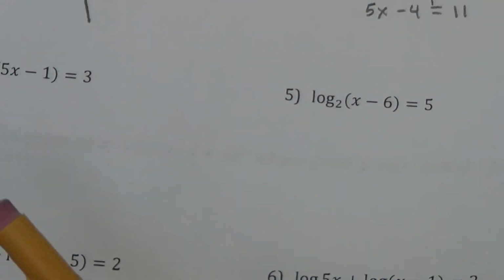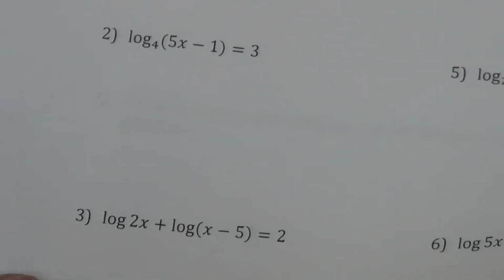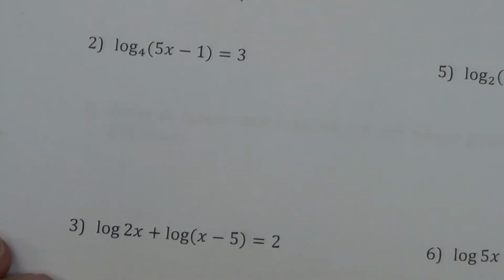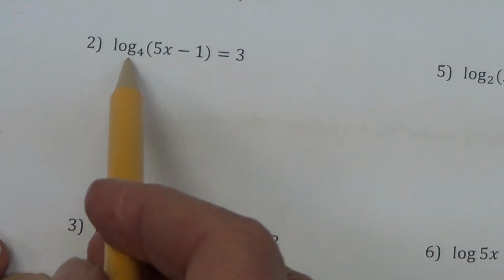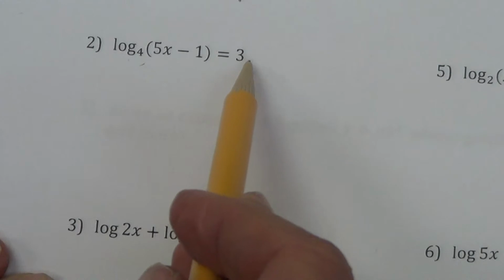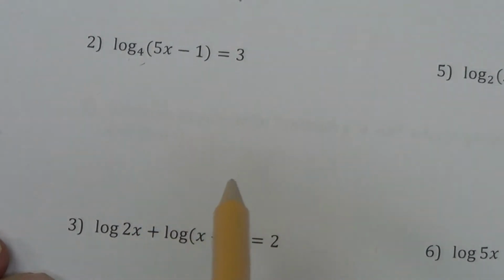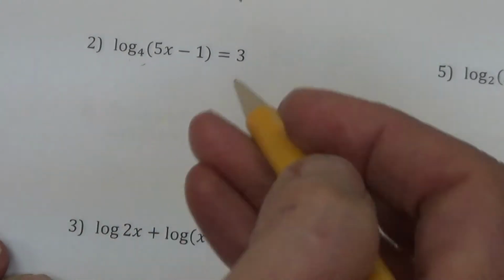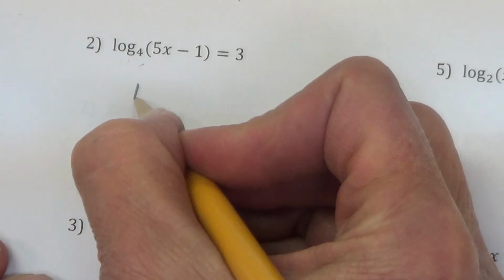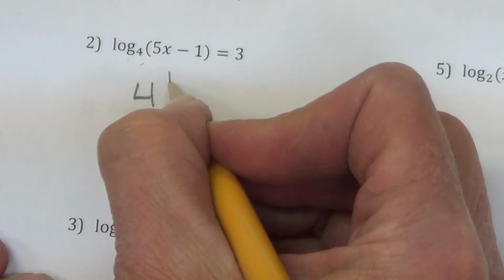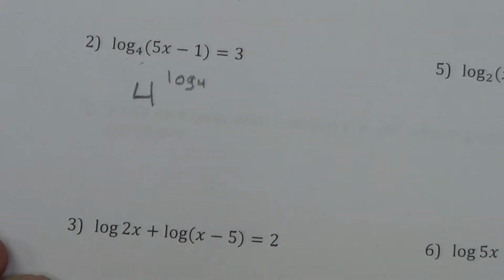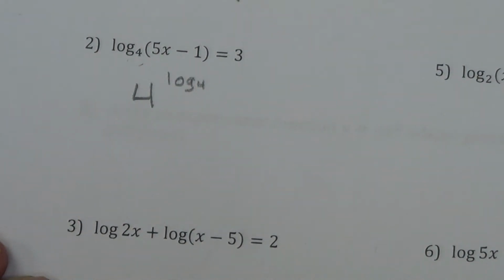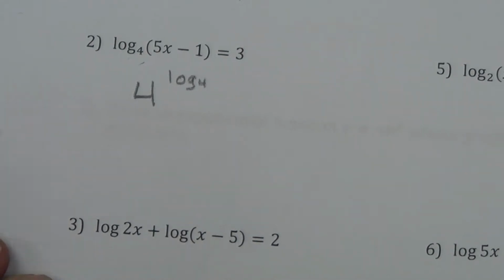Okay, next problem here. Well, we need to get rid of that log 4, but there isn't a log 4 over here, and we can't just bring one in. So, remember this property that says that we can cancel. If we have 4 raised to the log 4, they reduce each other.